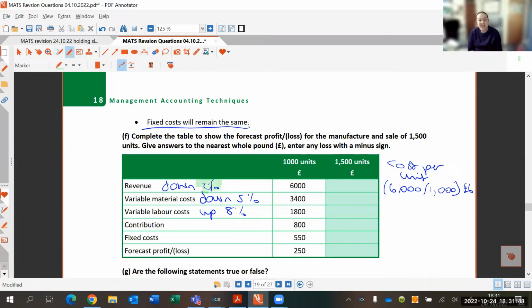We need to take 2% off that. So you can do this two ways, really. You can either calculate 2% of £6 and take off the few pence it will be, or you can calculate 98%, because that's the 100 less 2%, and then that will help you to do that.